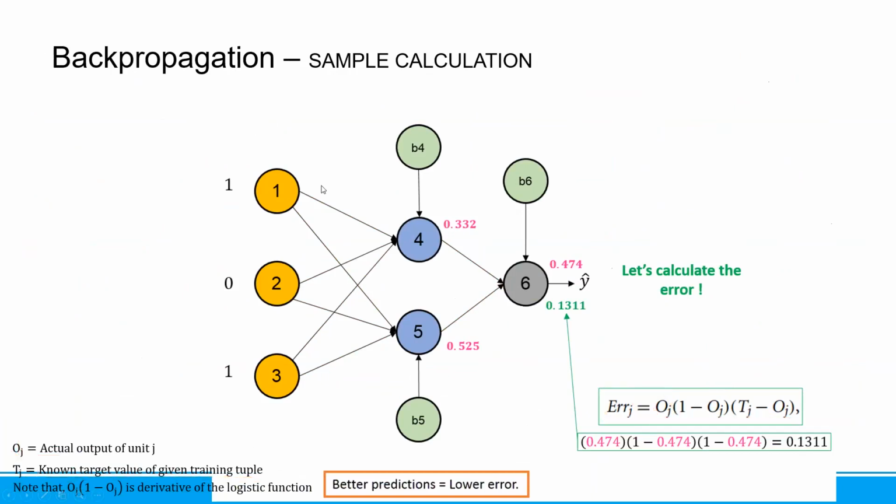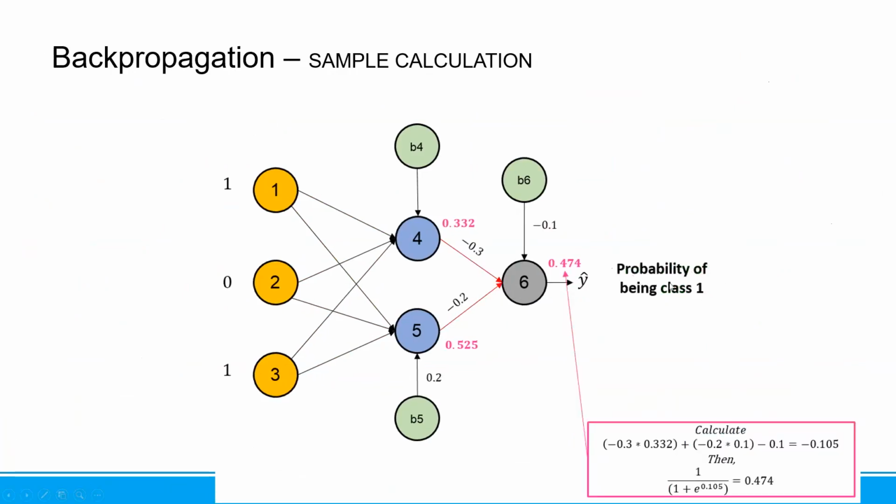In the previous part, it mentioned the probability of being class 1, so the target is 1.